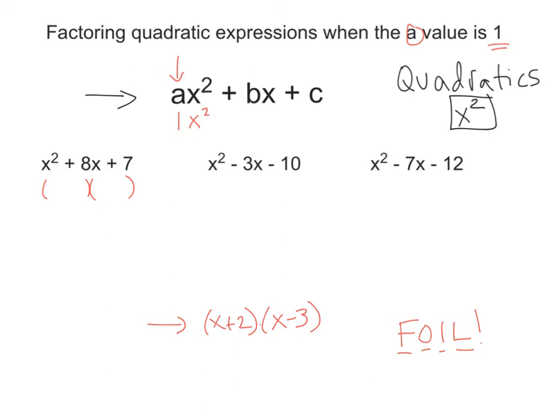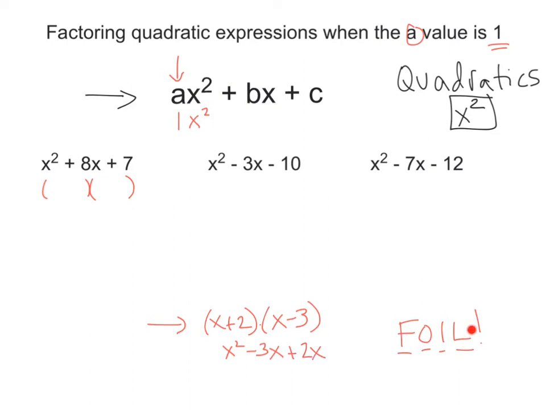We multiply the first terms, so we multiply these two. Well, x times x is x squared. Then we multiply the outside terms, so these two terms, x times negative 3, which is negative 3x. And then we multiply the inside terms, 2 times x, which is positive 2x.